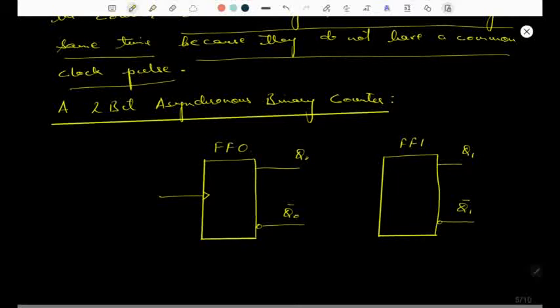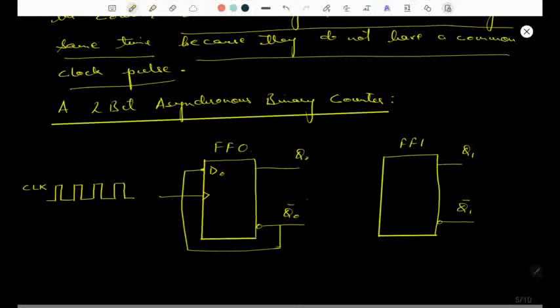The pulses we are giving here are 4 pulses, so we should draw 4 pulses over here. These are the clock pulses. The external pulses should be given on the first flip-flop. So this should be D0, and this is connected to Q0 bar.